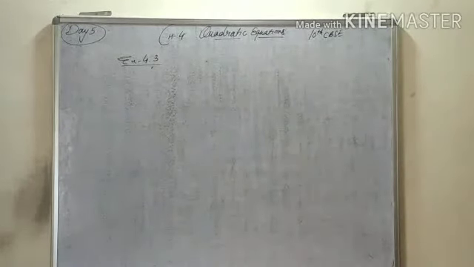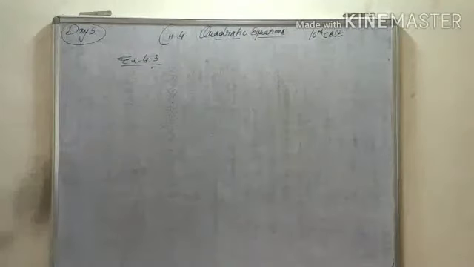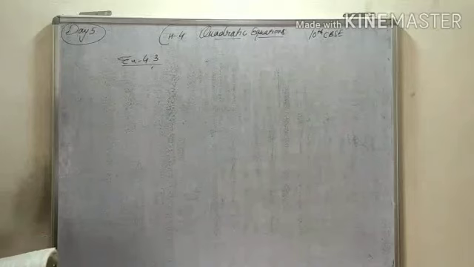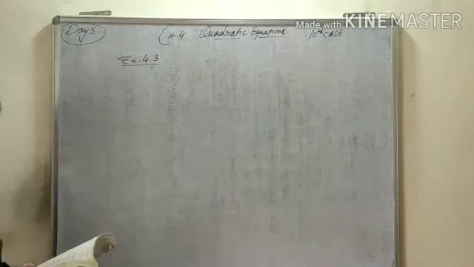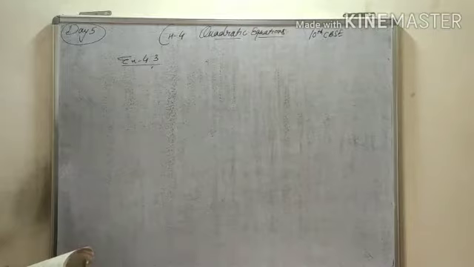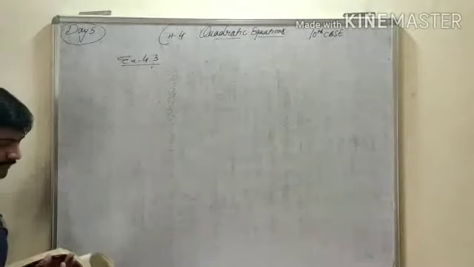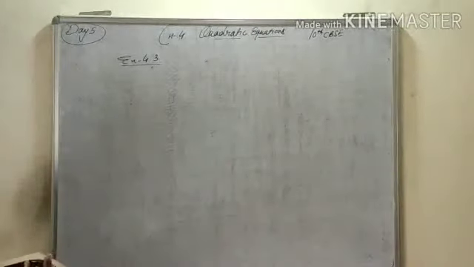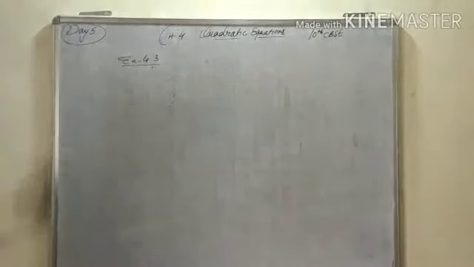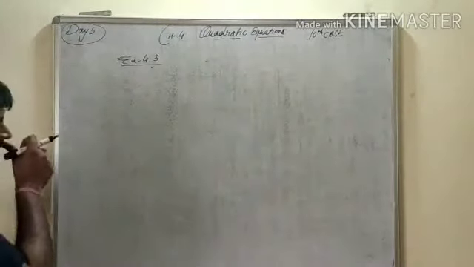Question number 9 is that two water taps together can fill a tank in 9 and 3/8 hours. The tap of larger diameter takes 10 hours less than the smaller one to fill the tank separately. Find the time in which each tap can separately fill the tank.